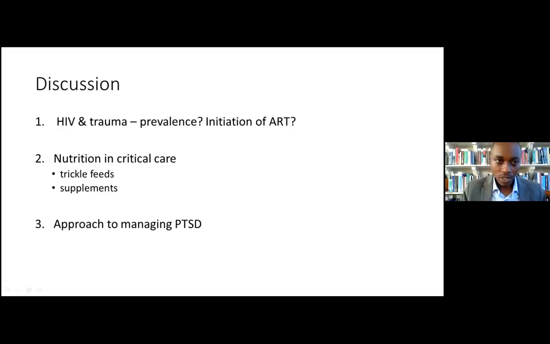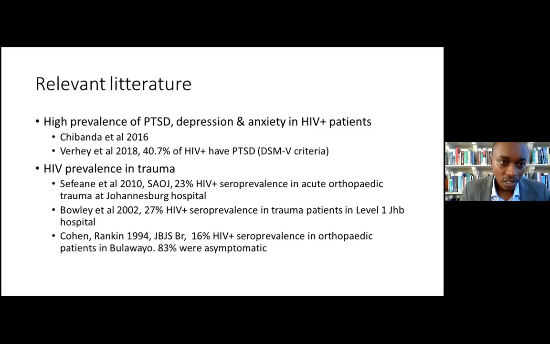So just looking at relevant literature for those previous discussion points, there's a high prevalence of post-traumatic stress disorder, depression and anxiety in HIV positive patients. Those are studies which were done in Zimbabwe by Chibanda as well as by Vehi. And then on the prevalence of HIV in trauma, Sifiane and other authors reported a 23% HIV seroprevalence in orthopedic trauma patients at Joburg Hospital.